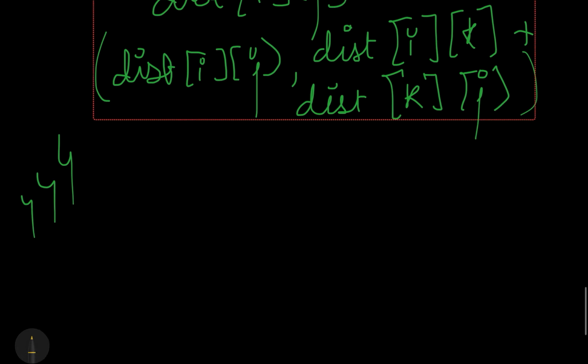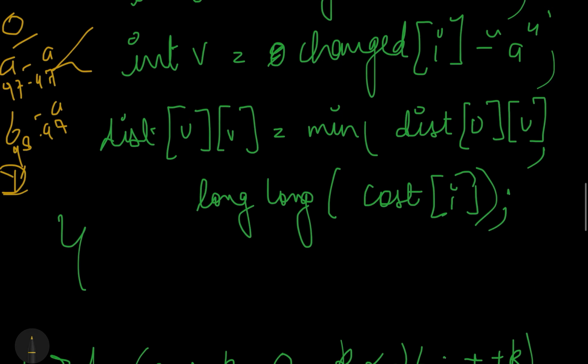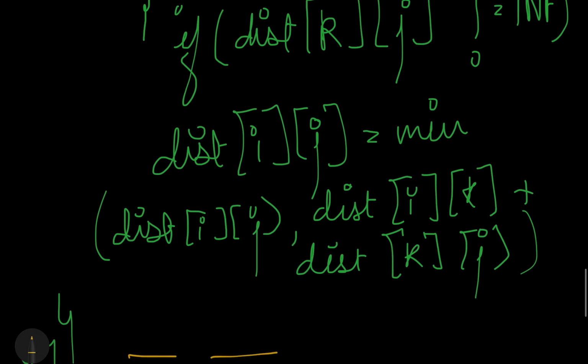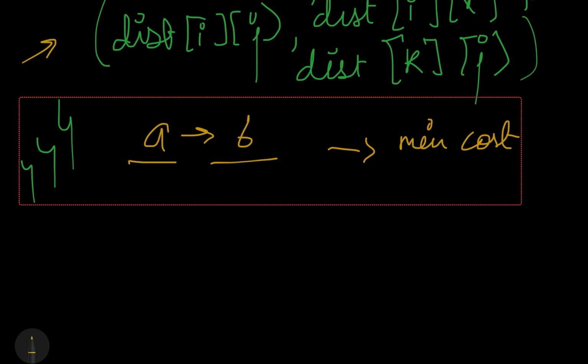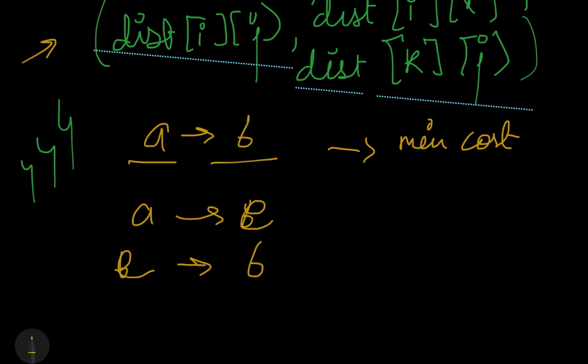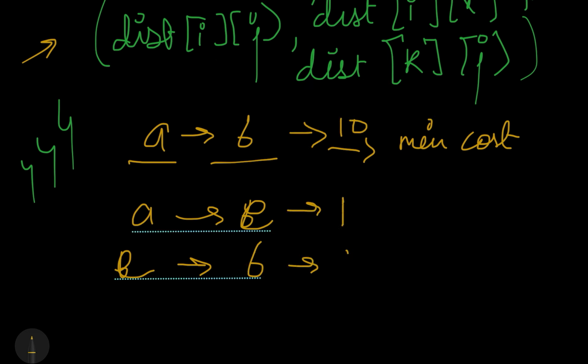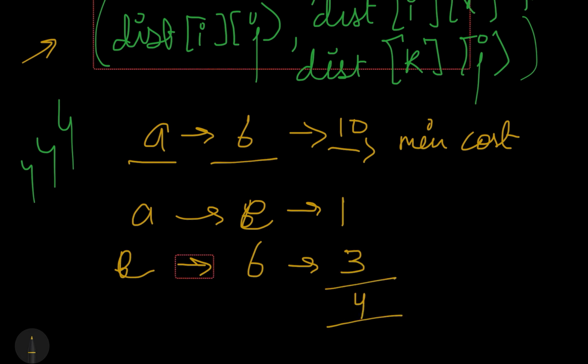What we are doing over here is, see, first we have initialized in this for loop any character from A to B and its minimum cost. But over here we are checking, suppose A to E and E to B, where the cost was 10 and here the costs are 1 and 3, therefore the total cost is 4.